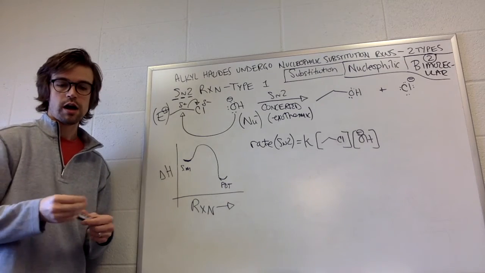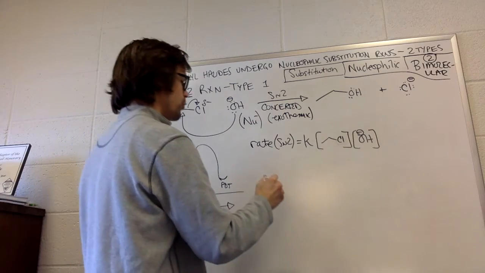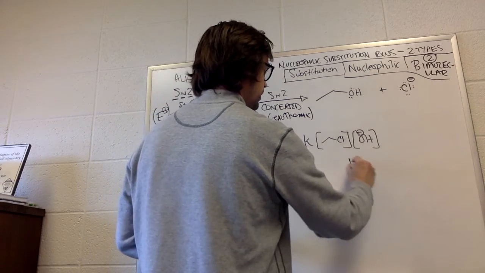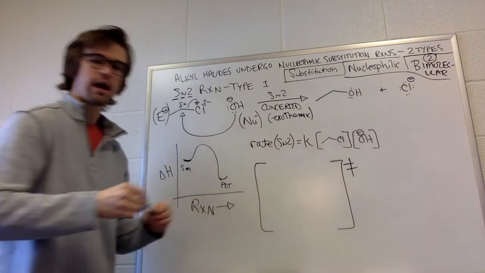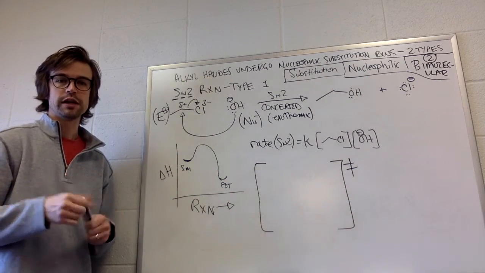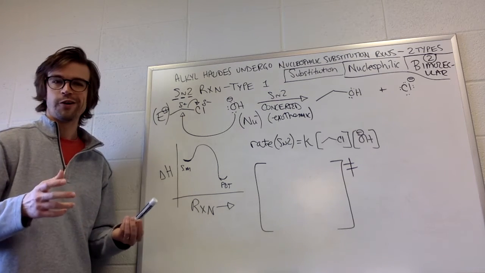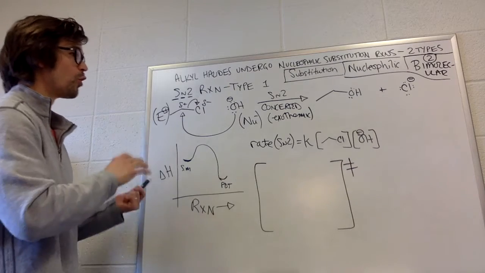Okay, so what else do we know how to do already? We also know how to draw the transition state. So again, pause the video for a second. Take a minute, draw the transition state. All right, you did a great job of that. So what did we do? We look at what bonds are formed and broken.